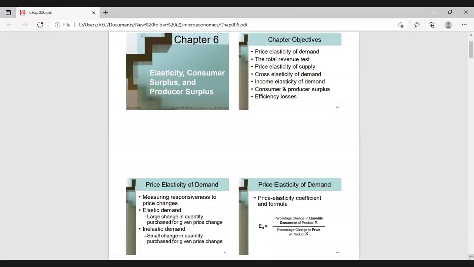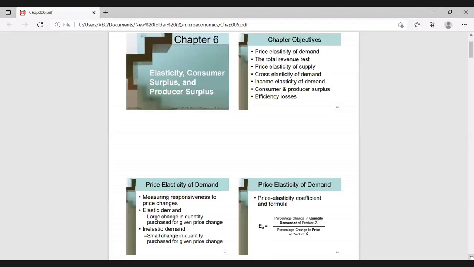We need to study the price elasticity of demand because we know when the price increases, demand falls. When the price falls, we know quantity demanded increases. We don't know how much it changes, how the consumer responds.